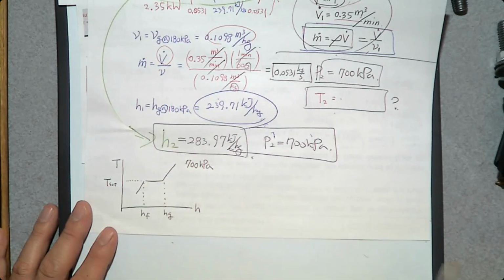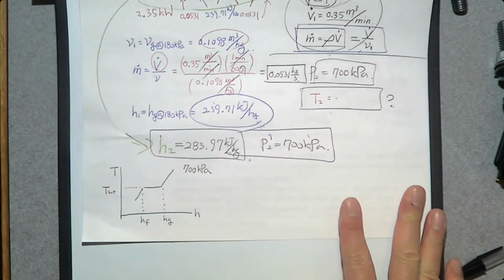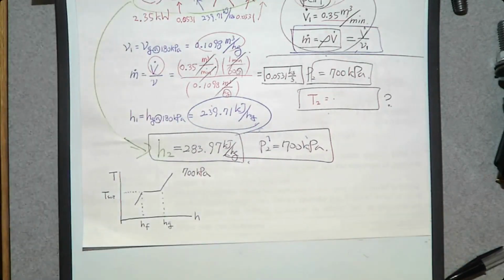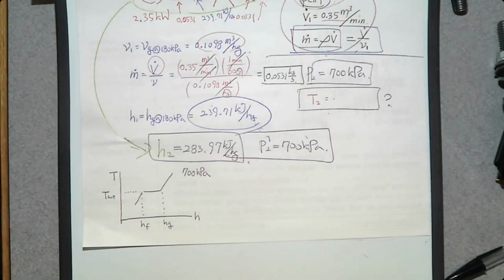That's Hg. So let's find Tsat, Hf, Hg from 700. Don't have it here, but don't worry about that. I have a property table at 700.